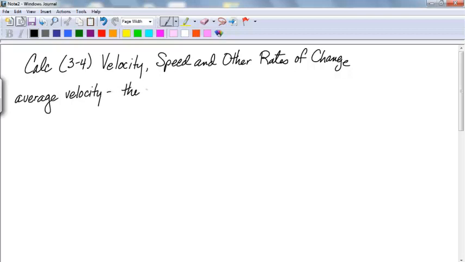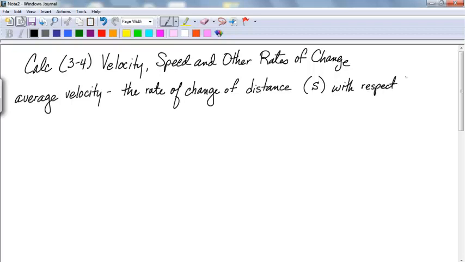Okay, and that is the rate of change of distance. And in this, they're going to use the letter S for distance, with respect to time, over an interval of time.